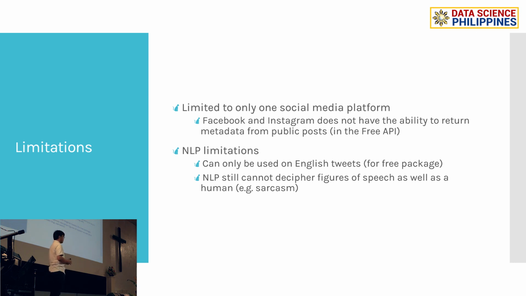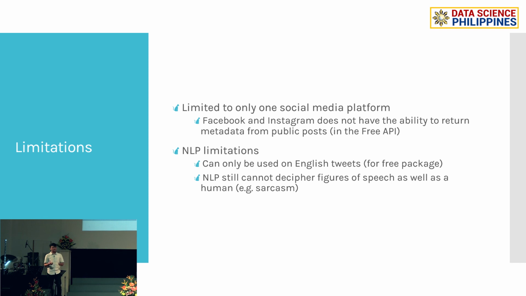And then the last one, and this should have been pretty obvious from the Scrollytelling story, is that NLP still can't decipher figures of speech better than humans. A lot of the different tweets, noticed in the February 2018 pack bubble chart, were actually green. And that's a bit weird. In reality, a lot of the tweets were actually sarcastic, because by nature, Filipinos are sarcastic.